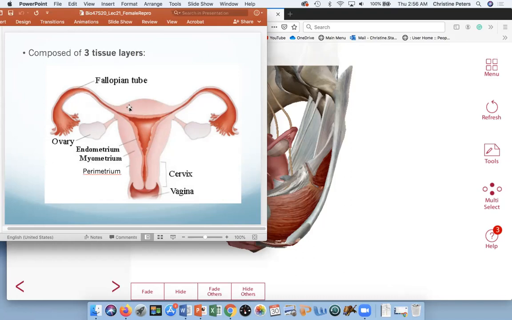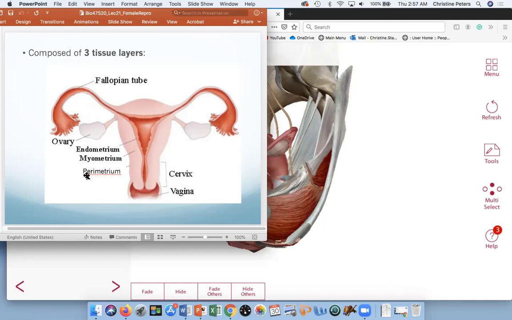We have this very thick wall. In fact, 90% of the wall of a non-pregnant uterus is going to be myometrium. So that's the smooth muscle. And then the very outside layer is really just the parietal peritoneum that goes over the uterus. So at that point, we call it the visceral peritoneum or the perimetrium.